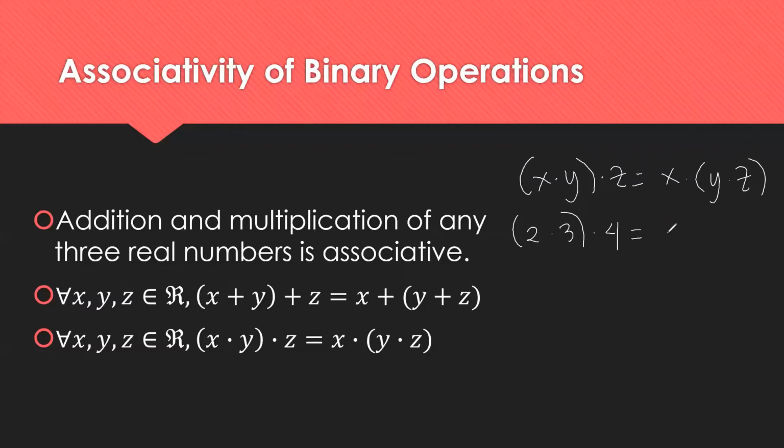Changing the groupings will not affect the product. So do the operation inside the parentheses first. This is 6 times 4, which is equal to 2 times 12. 6 times 4 is 24, which is equal to 2 times 12, which is also 24. So that is the associative property.